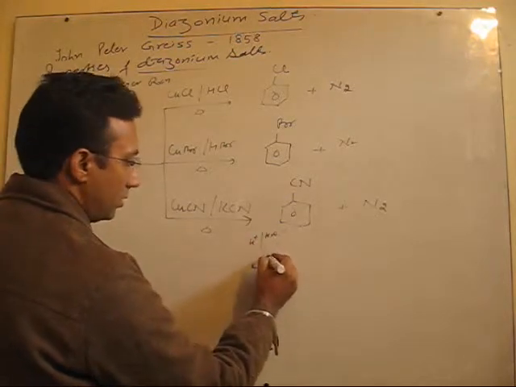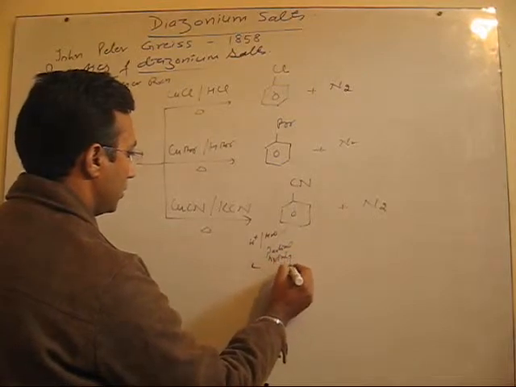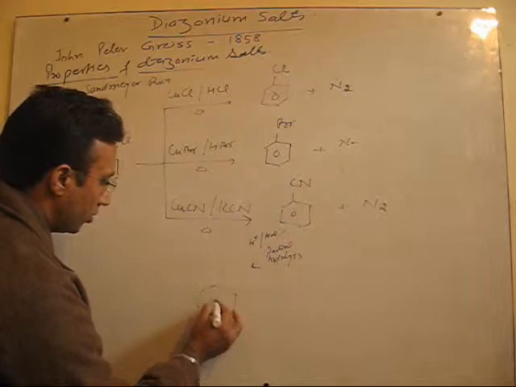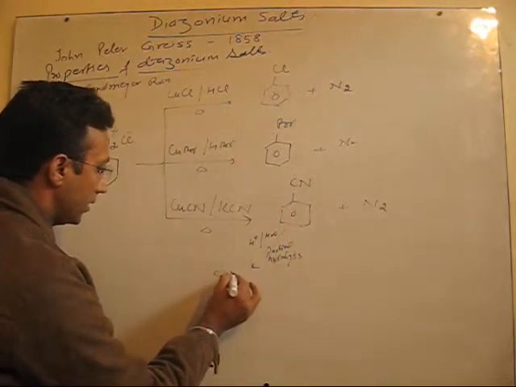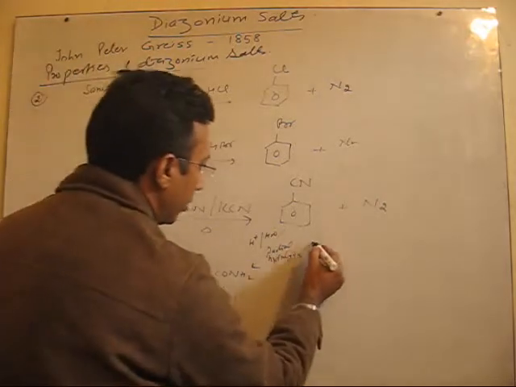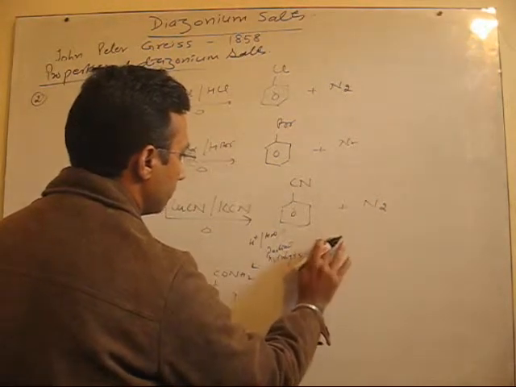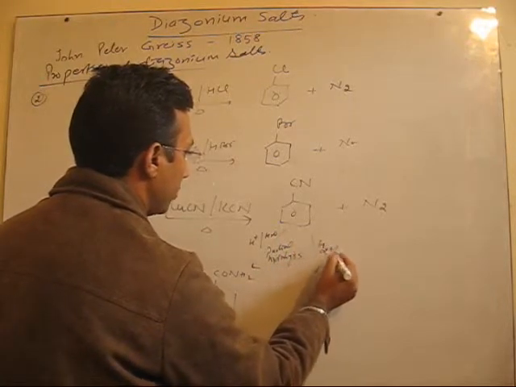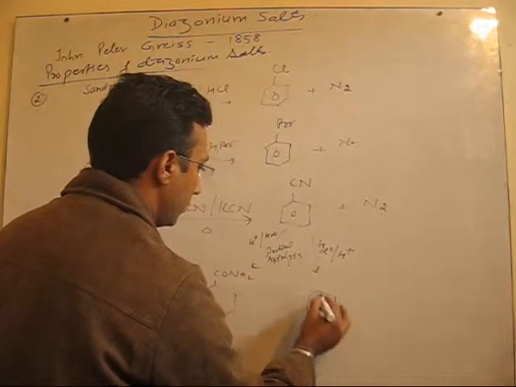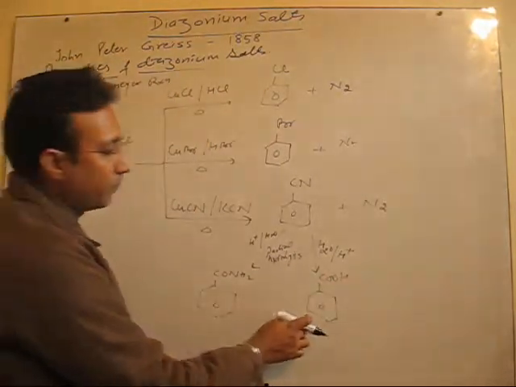For example, for cyanobenzene, partial hydrolysis of the CN group results in the formation of benzamide. Fine. You know the very important reaction, complete hydrolysis in acidic condition converts the cyanide group into the acid group, you will get benzoic acid.